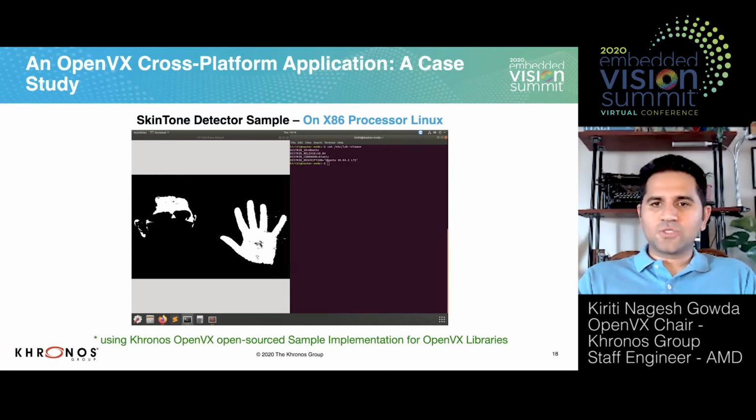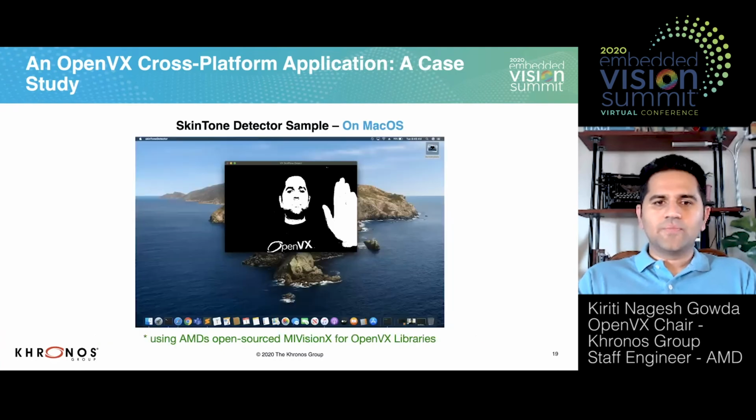So again, no change in any of the application source code. This is me again using the same source code with AMD's open sourced MIVisionX OpenVX libraries, and I've compiled it on Mac and just run the same application.